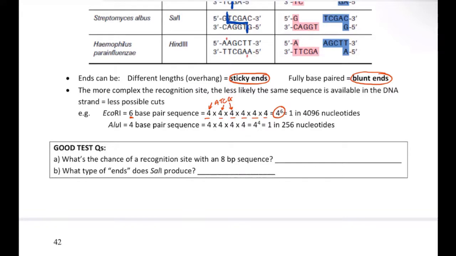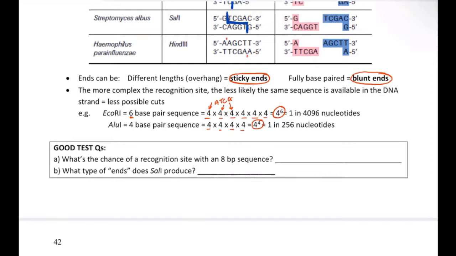So this exact sequence for EcoR1 is 1 in 4,096. If I have a smaller base pair setting, so I've got this ALU1, 1, 2, 3, 4, that's why it's 4 to the 4. Well, it's much more common. I would see that exact sequence 1 in 256 nucleotides.